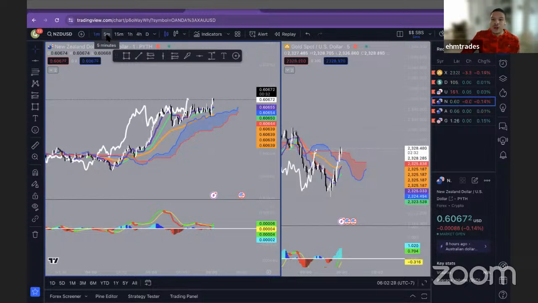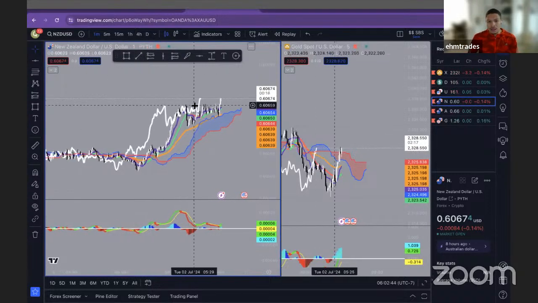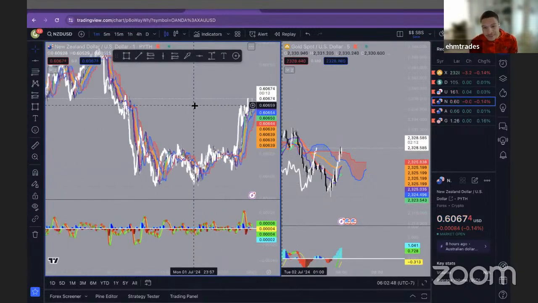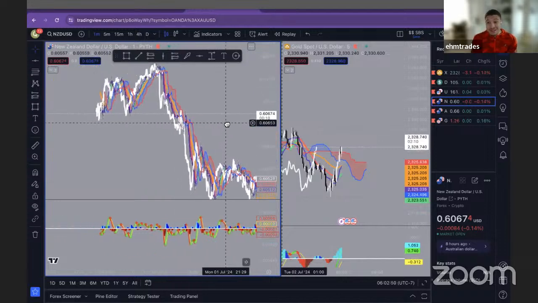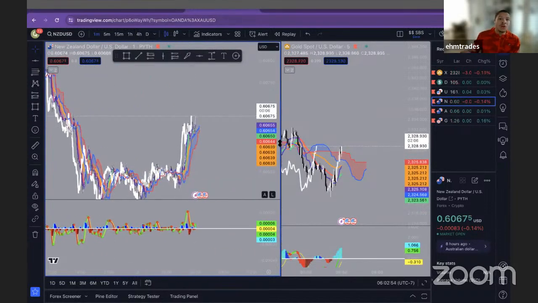I feel like very rarely do I see a movement happen before news and news continue that movement. I could be wrong about that, but thinking back to my memory, probably 10% of the time have I seen an actual move prior to news continue when news comes out.